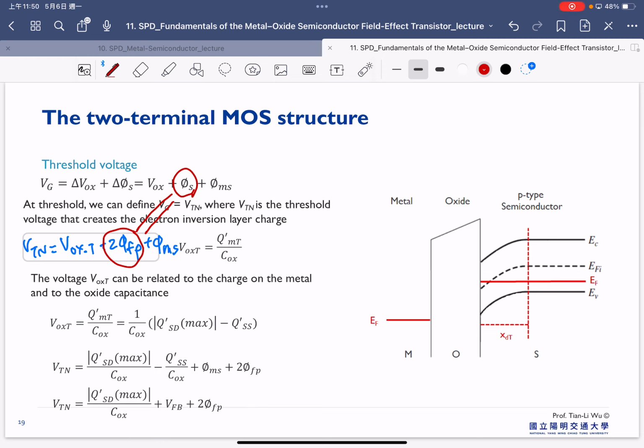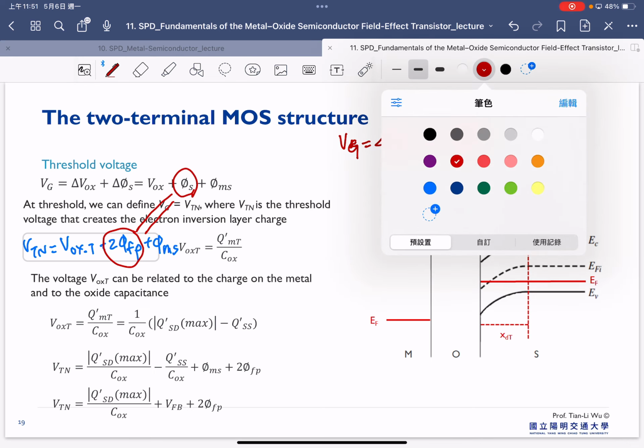Also, once we apply the bias VG, there will be a certain voltage drop inside the oxide and a certain voltage drop at the surface.